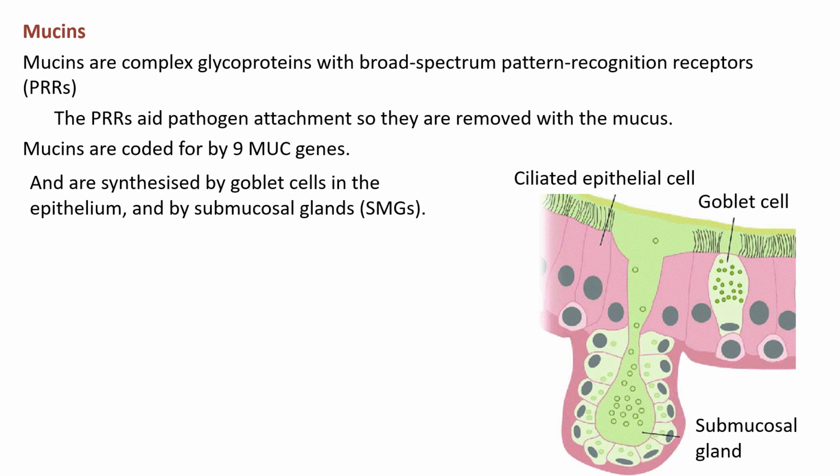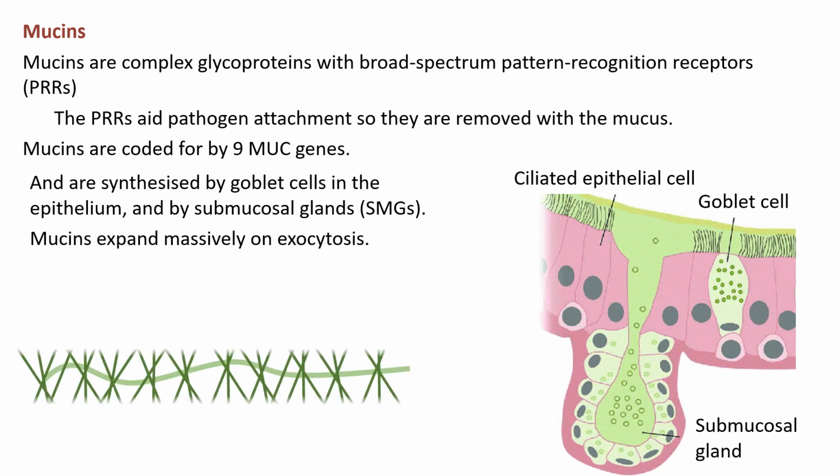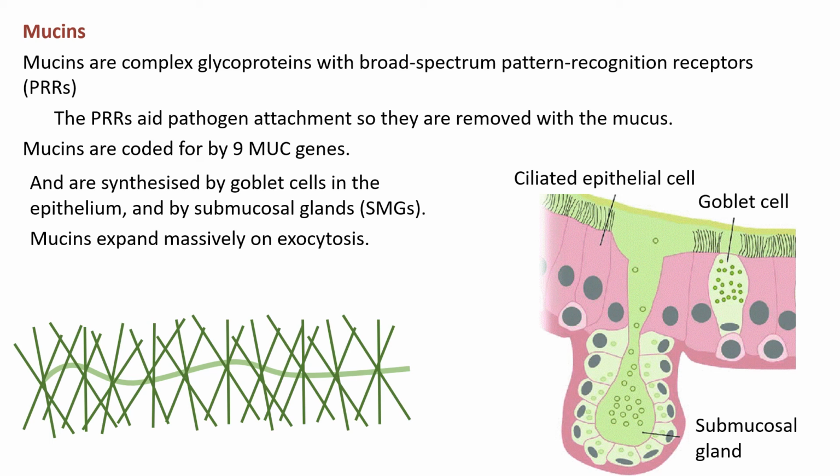Those mucins are then released into the gland, move out of the gland into the lumen. When they are released, mucins are a bit like those flannels and towels and things you get that are packed up really, really tight until you open them or wet them. And then all of a sudden, they go poof, and they really, really expand. So as soon as they're exocytosed, mucins expand humongously to fill up the space.